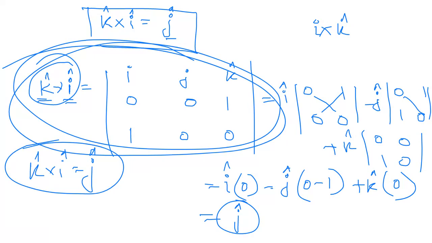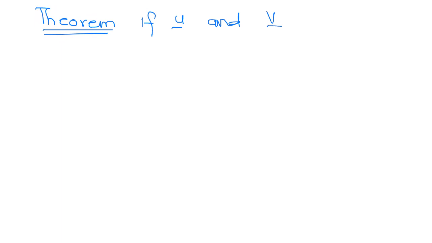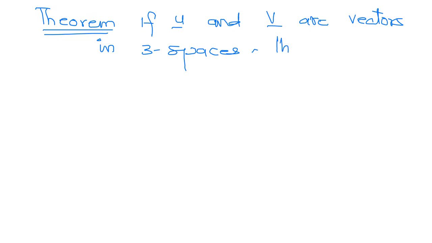Now, there is a theorem. Suppose U and V are two vectors in three-space. Then the dot product of U with U cross V is equal to 0.